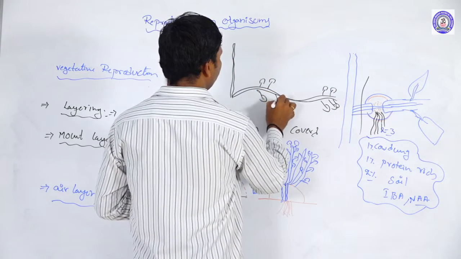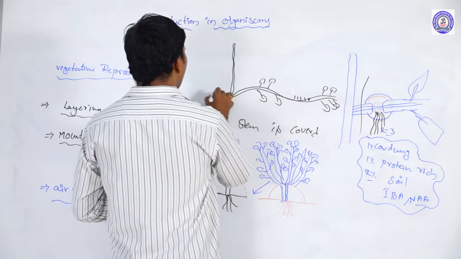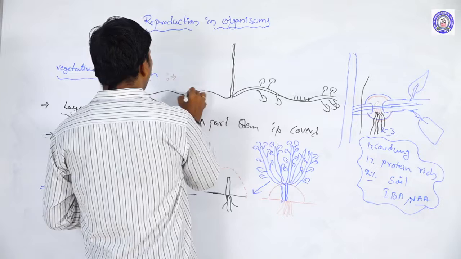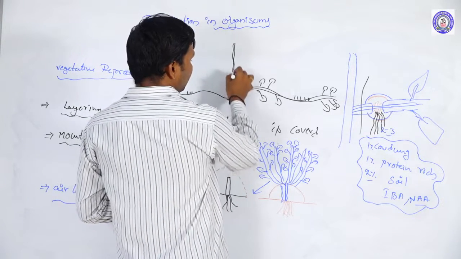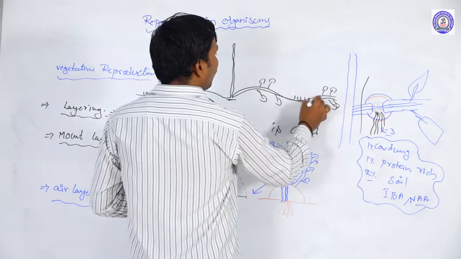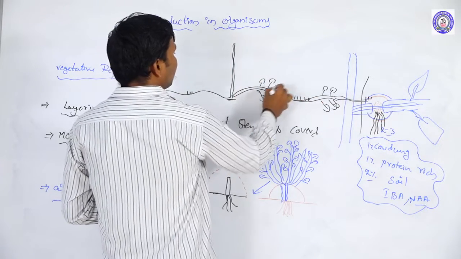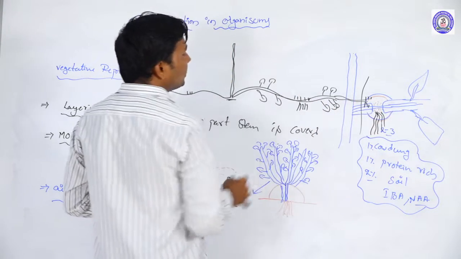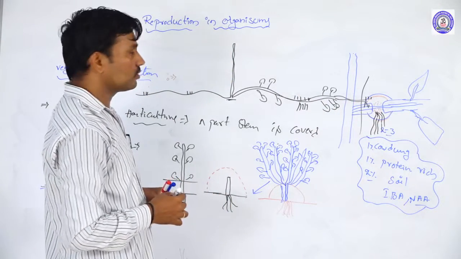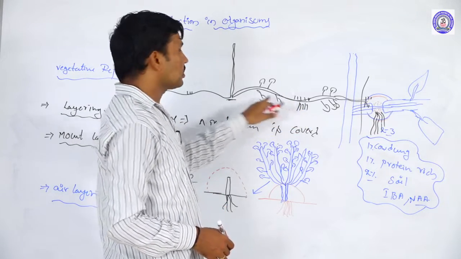For example, take jasmine: at more than one place, as a wavy stem, the basal branches are layered at different intervals. Each interval develops a root system and develops as an individual plant. So these are the repeated layering processes.